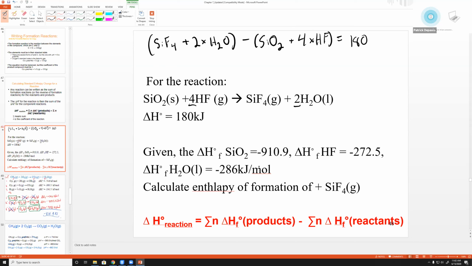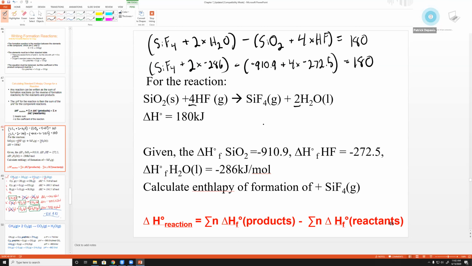So SiF4 is what we're looking for. So we leave that: SiF4 plus 2 times water. So water is negative 286, minus SiO2, which is minus 910.9, plus 4 times HF, negative 272.5, equals 180.